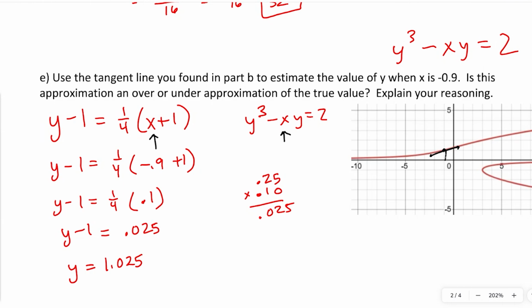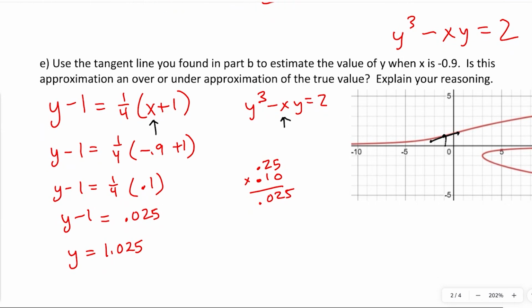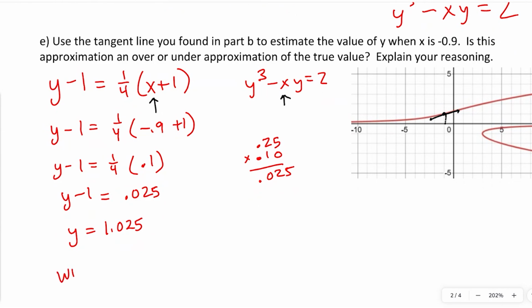Okay, so that's our estimate. In other words, when x is negative 0.9, y is approximately 1.025. And you can kind of see on the graph that, yeah, that seems reasonable. It's right around where it should be, just right above 1.